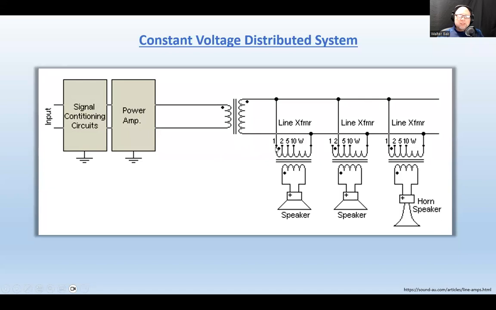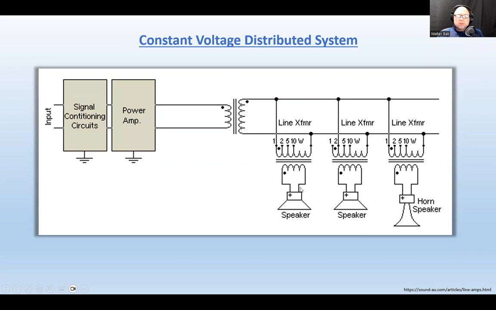And then we have the step-down transformers that are connected into the line in parallel. Just tap in, tap in, tap in, and keep going. And that step-down transformer transforms the impedance to the 8 ohms at the speaker's terminals.